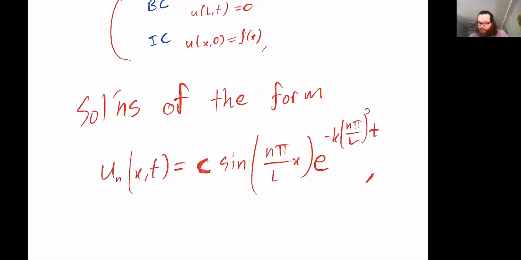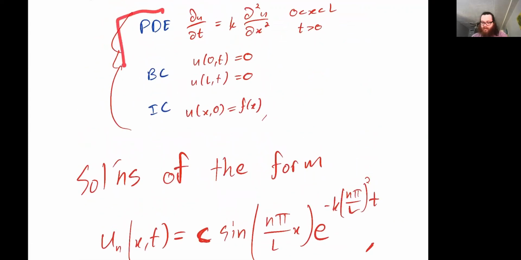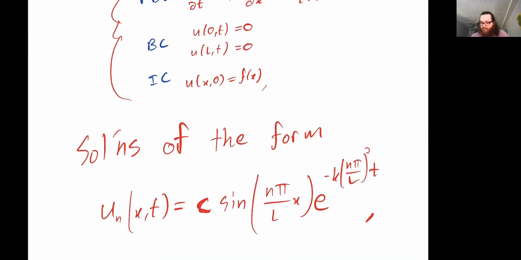Okay. And so from above, we saw that solutions to at least the PDE and the boundary condition are built from these functions, which we might call u sub n, because lambda depends on n.